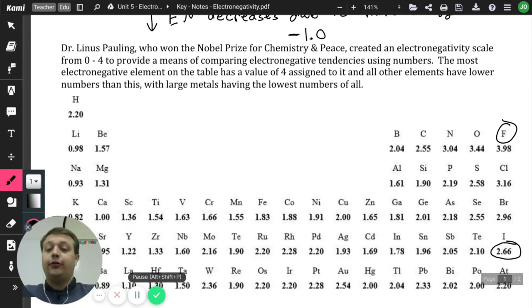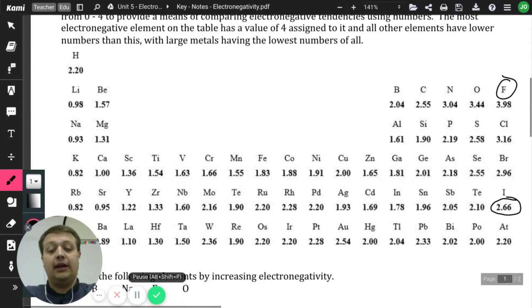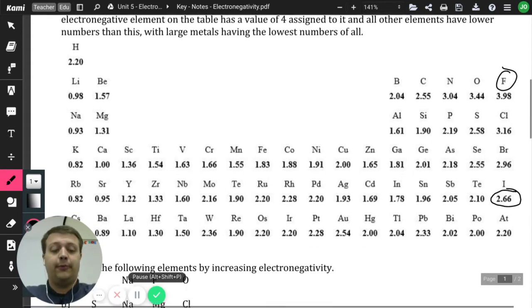Well, this is the actual electronegativity scale for each individual element. This was put together by Linus Pauling, who went through and tested every single individual element and found that there was a scale of 0 to 4, where fluorine is the highest, and our noble gases are the lowest, essentially 0, right?